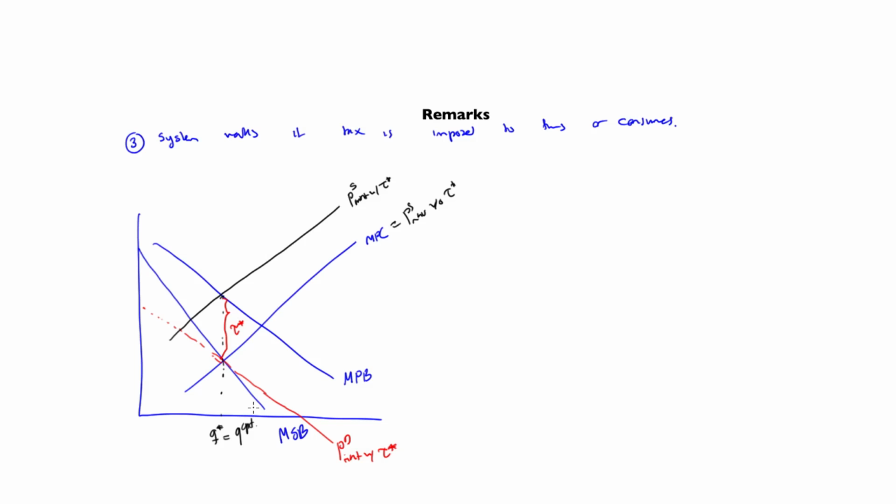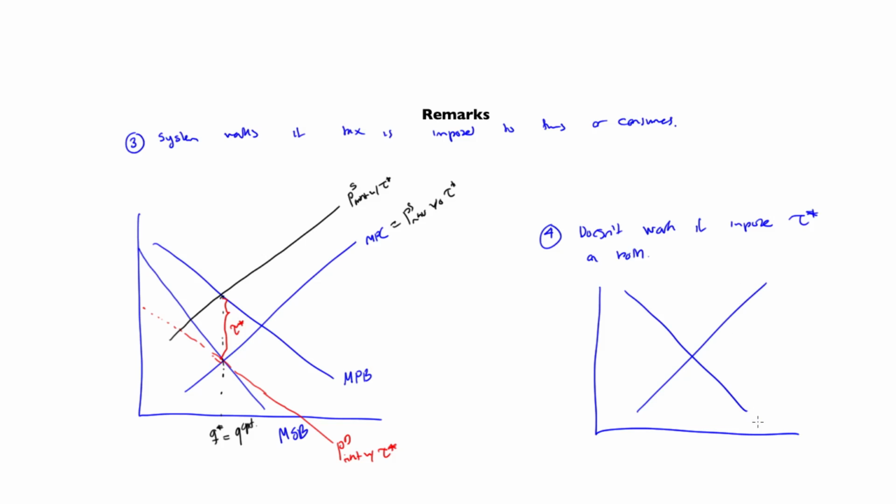So it doesn't matter. Notice, however, that it doesn't work if you impose the full Pigouvian tax, tau star, on both. Why? Because in that case, you have the marginal private benefit, the marginal social benefit, the marginal private cost, the marginal social benefit.